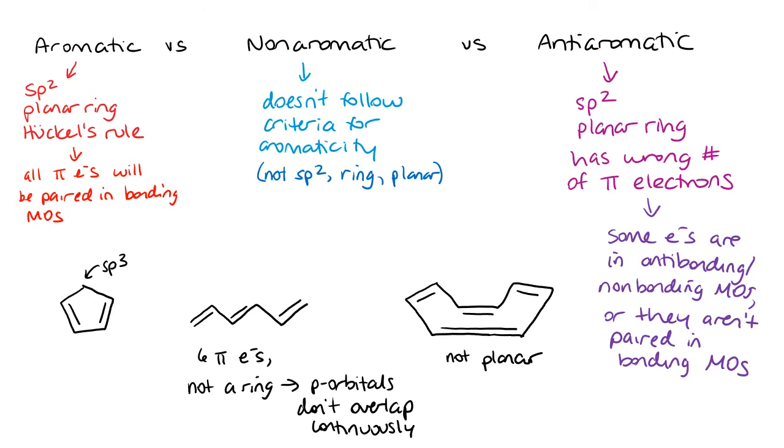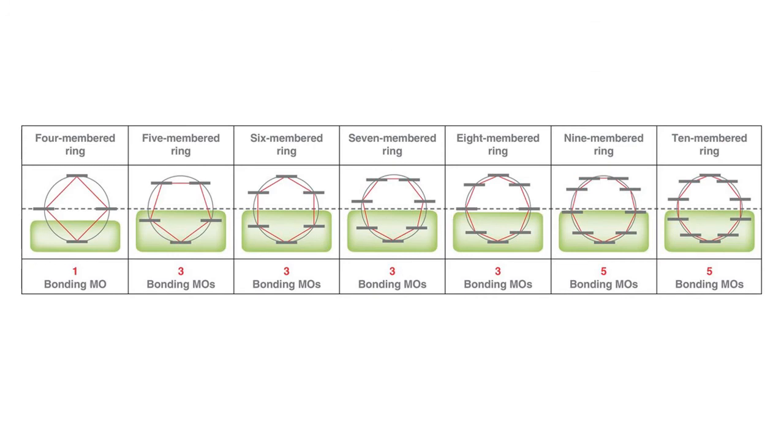Okay, so we're going to use these few pieces of criteria to determine whether or not different compounds are aromatic, non-aromatic, or anti-aromatic. Now to help you draw Frost circles, so just in case your circles are not perfect or the polygons are a little skewed, the book has a really nice figure that shows how the Frost circles should look for the different sized rings. So all the way from 4-membered rings all the way up to 10-membered rings.